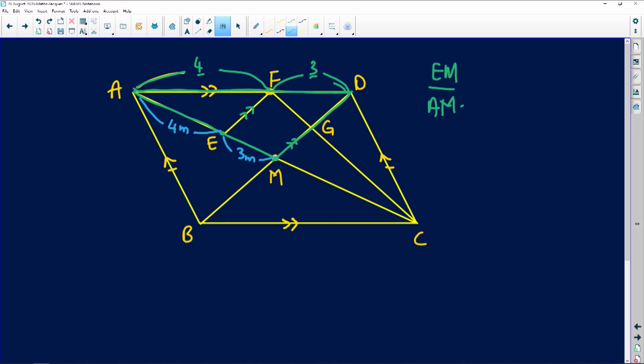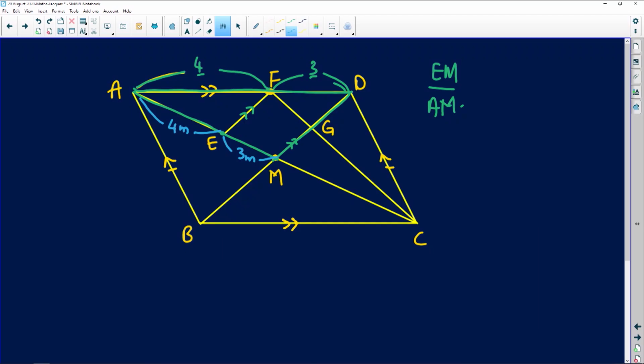I'm putting an m there so that I turn it into a length. It's not a length, it's a ratio. So by putting the m there, I'm turning it into a length. But look at the bonus here. If that is a length, then this here will be 7m, because 4m plus 3m is 7, and the diagonals of a parallelogram bisect one another.